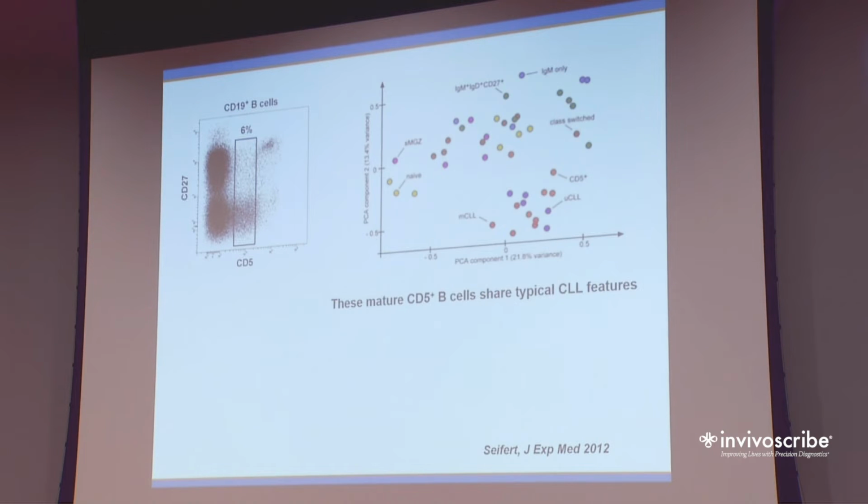And importantly, these mature CD5 positive B cells, as we call these cells, share typical CLL features as opposed to all the other normal B cell subsets.